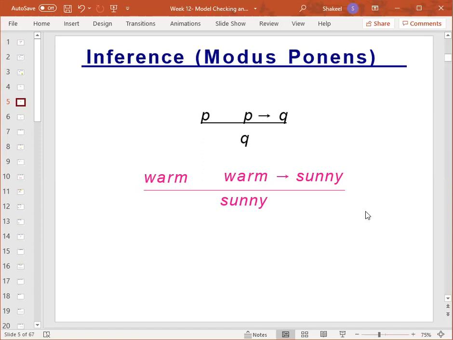The only way this implication is false is when we have true implies false. Given that this part is true and the whole implication is true, it means that sunny must also be true. So this is a very powerful inference mechanism that we can use and reuse when we have a knowledge base to derive new sentences and make inferences.